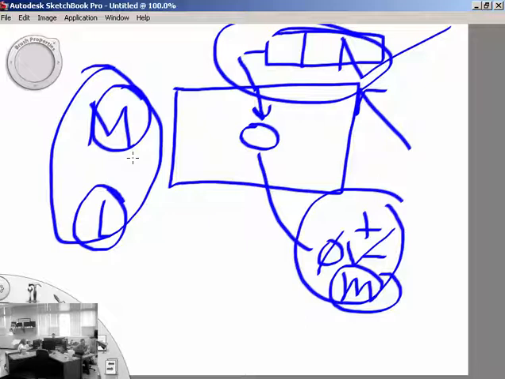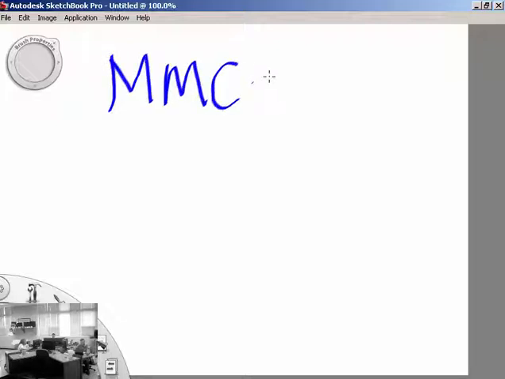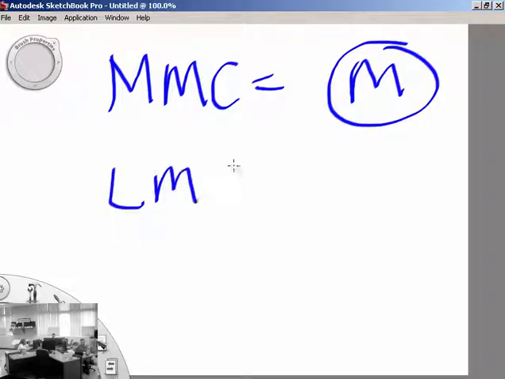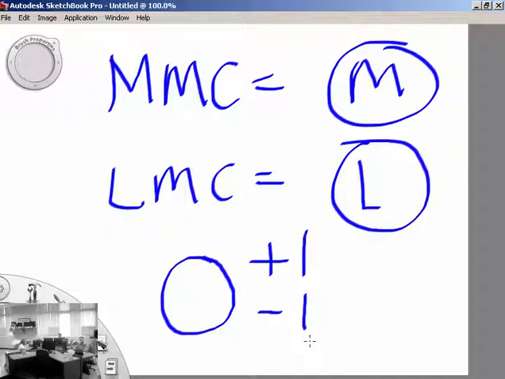Okay. Now let's go with that question a little bit more. An MMC is equal to this symbol on a set of plans. An LMC is equal to this symbol on a set of plans. So if I am drilling a hole and I have a tolerance of +1 and a tolerance of -1, which condition on this hole is an LMC?